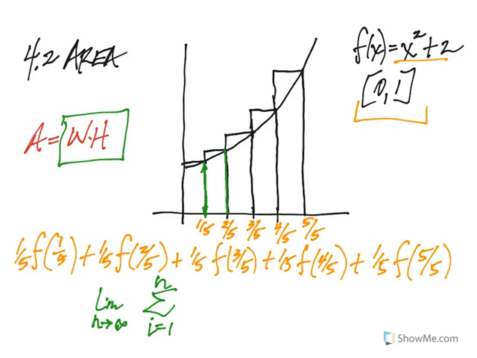All right, so let's focus first on just the width of every single one of these rectangles. So stick with me here just for a second. If I go from 0 to 1 and I have 5 subdivisions, the width of every single one is 1/5. Let's say I had 50 rectangles. The width of every single one of those rectangles would be 1/50th.